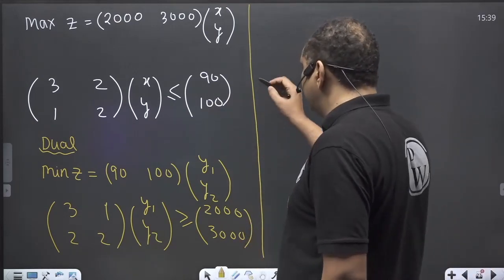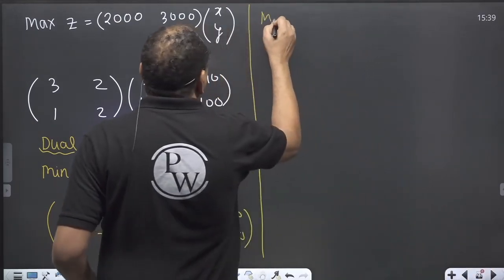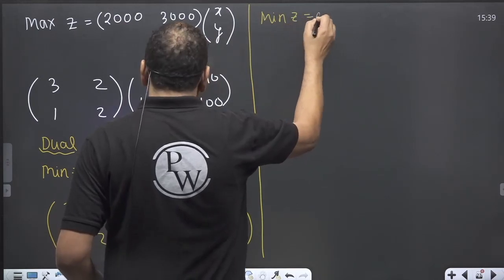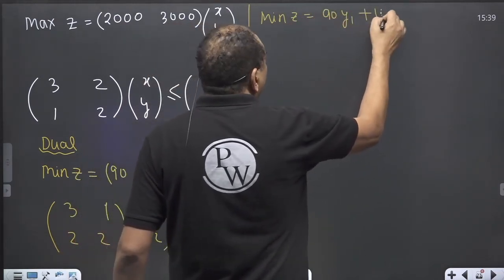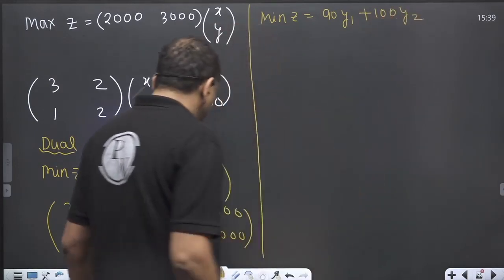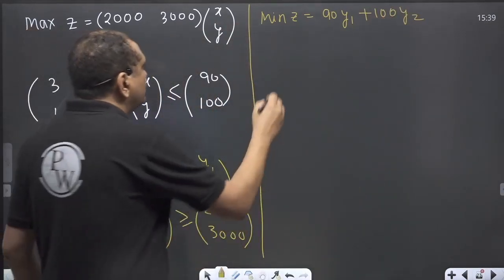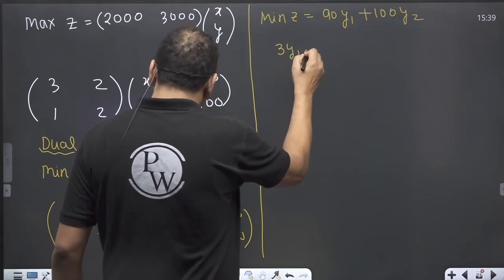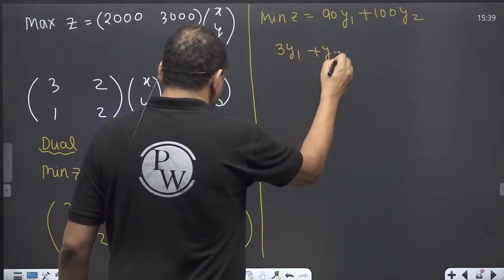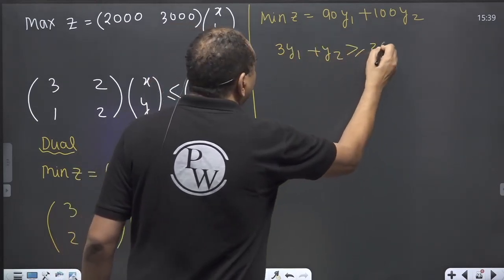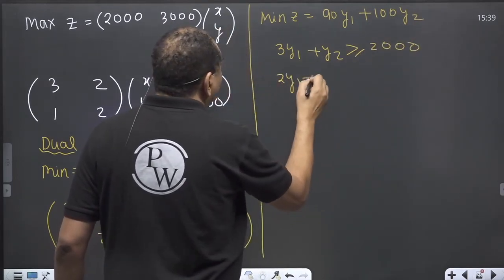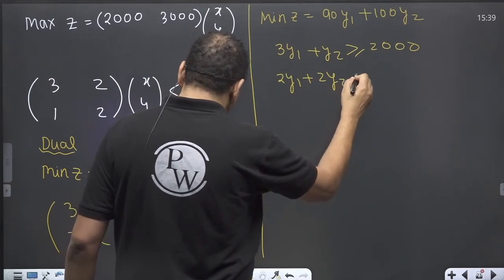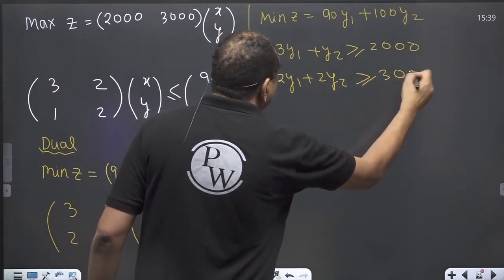So minimum z equals 90y1 plus 100y2, subject to 3y1 plus y2 greater than or equal to 2000, 2y1 plus 2y2 greater than or equal to 3000.